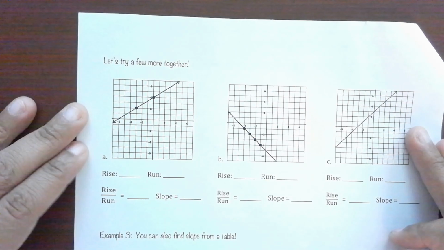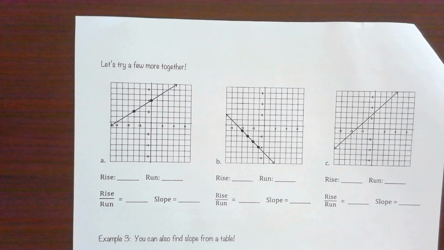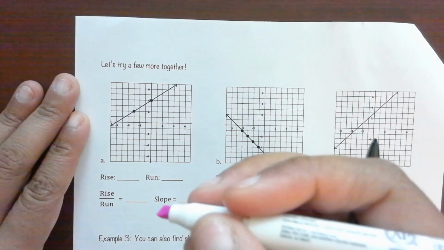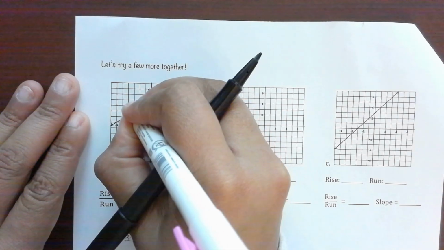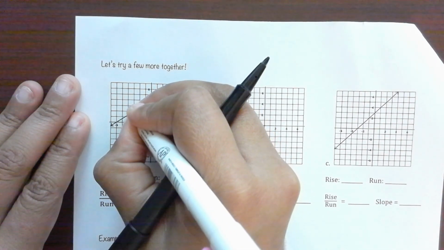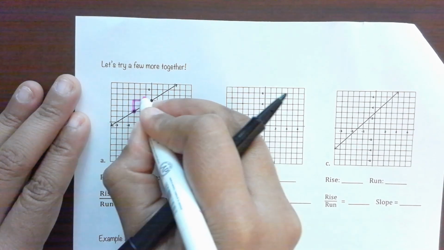So let's try a few more together. Looking at A, I need to start on which side? The leftmost side, right? So the leftmost side, what's that coordinate? Not -2, but -3 and 2. Where do I need to go to meet my next point? Up, and then to the right.